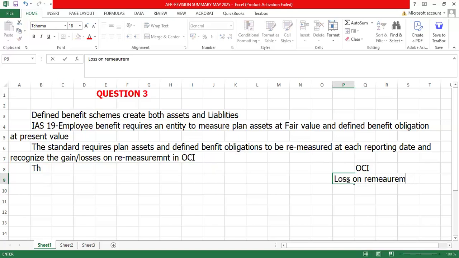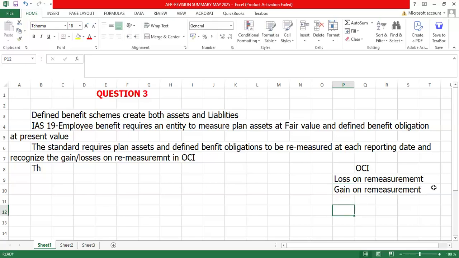Also, if you have a gain, you put gain on remeasurement. You indicate both.